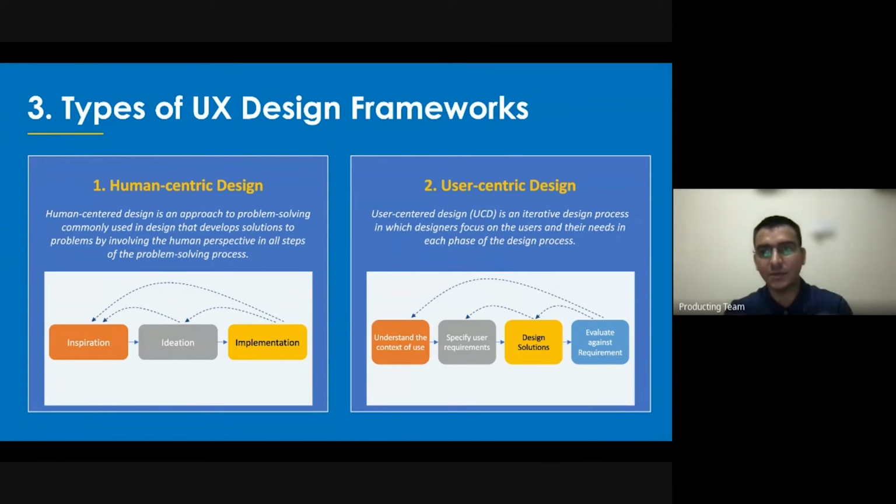Where is this customer experiencing this problem or this bad experience? Then we specify the user requirements, as to what exactly the problem statement is, then we design a solution, and then we evaluate against the requirements. Whatever the requirements were, we check whether we are successfully able to solve that problem or not.